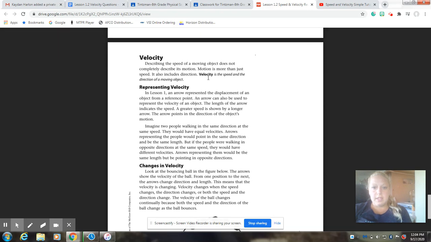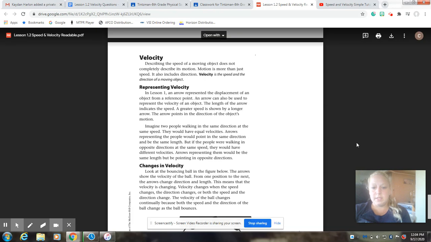Velocity is the speed and direction that an object is moving. The main difference is that speed is just how fast something is going, how much distance it covers in a certain amount of time. Velocity can only be calculated if we know the direction that the object is moving.